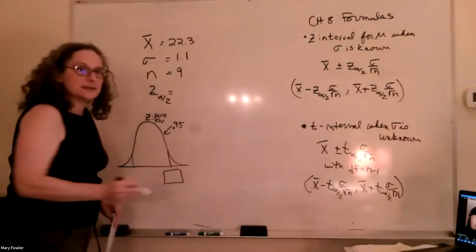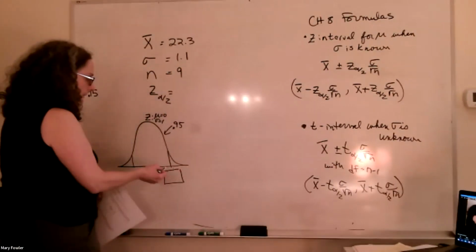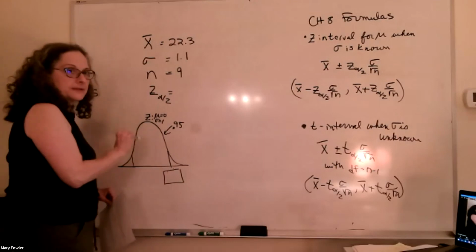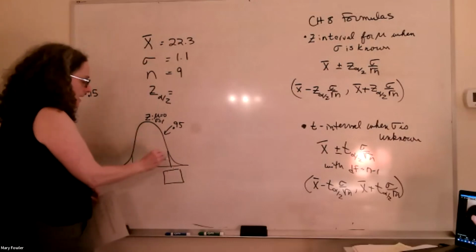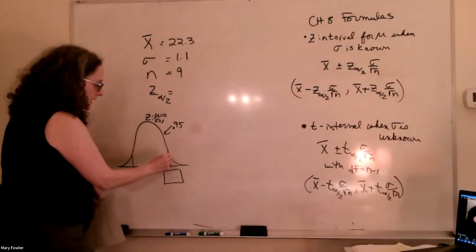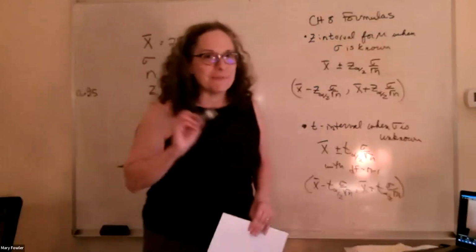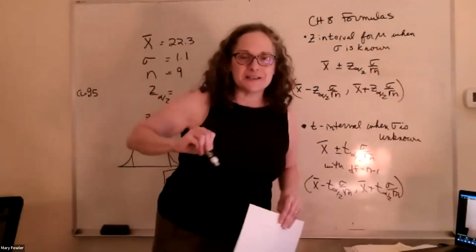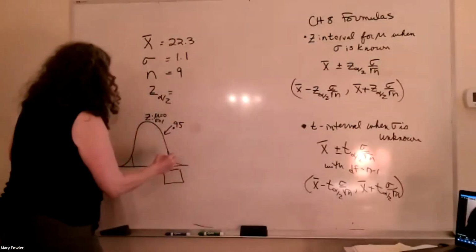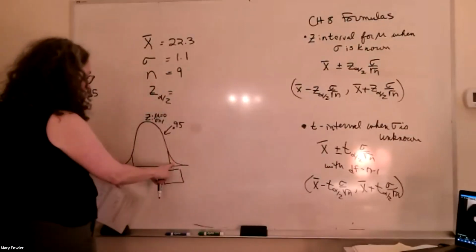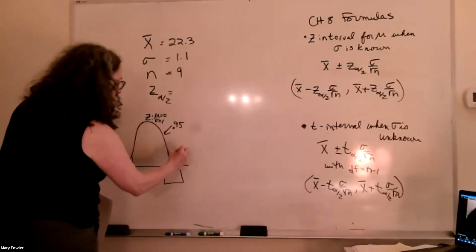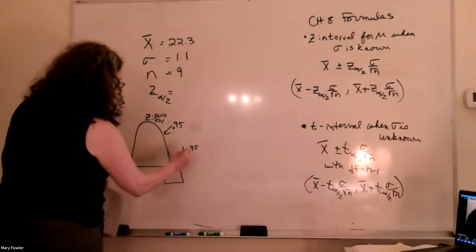What is the right tail delimiting value, if 0.95 is in the middle? What we need to do is determine how much is in the right tail, and then we'll go over to the table and get our Z sub alpha over 2. Alpha is the total amount in the two tails, so that's 1 minus 0.95.